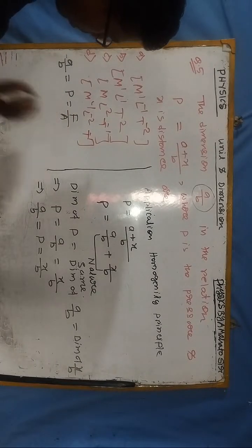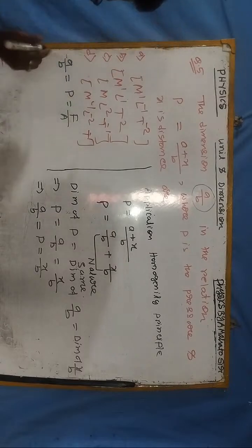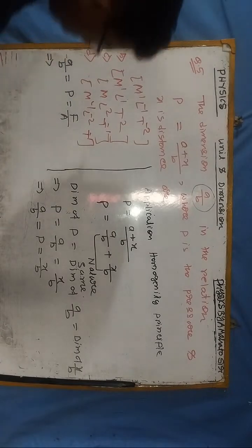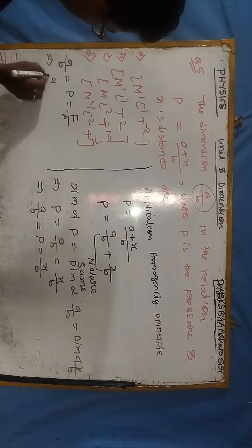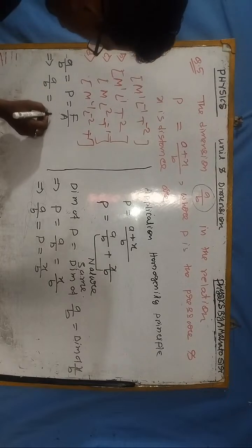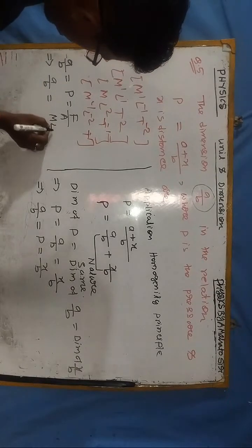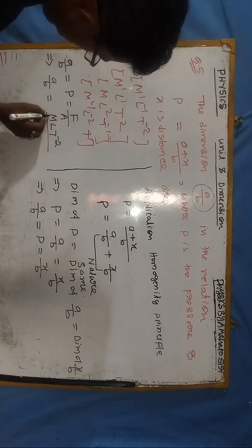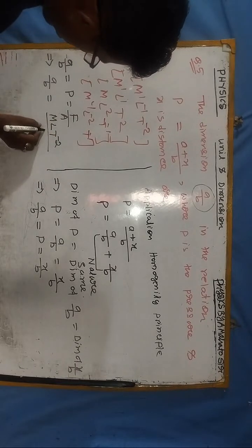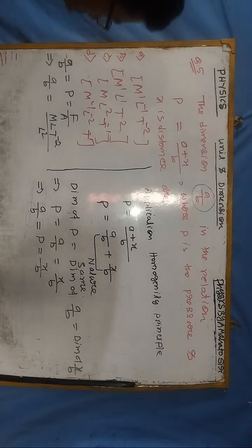P is the force per unit area. So for A by B, force dimension is M L T minus 2. Here dimension of A is L square.